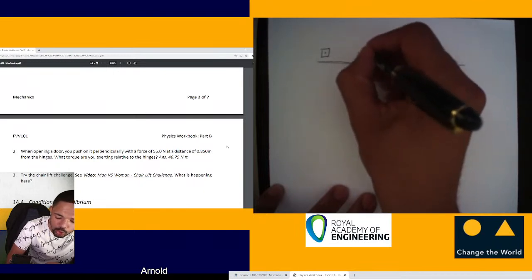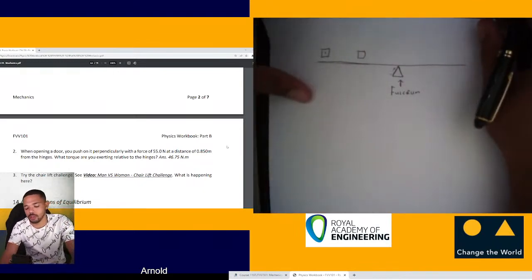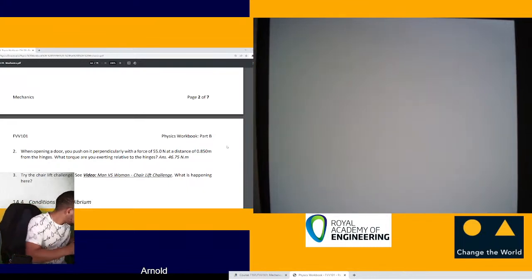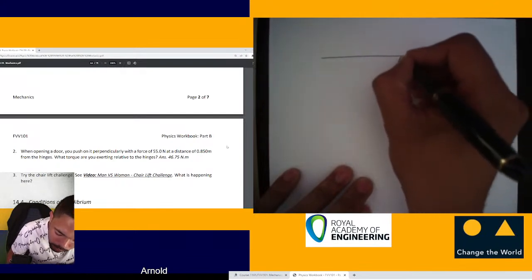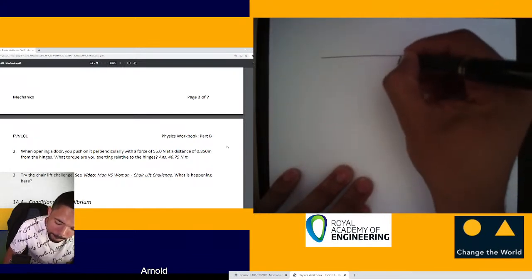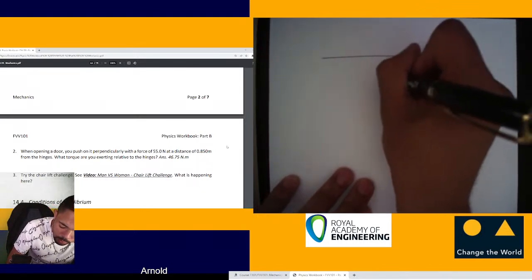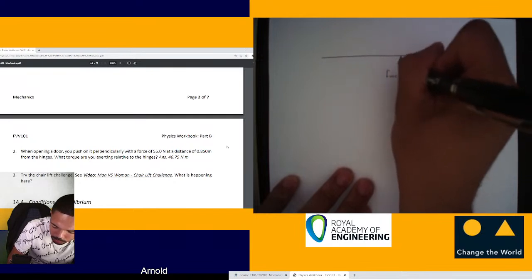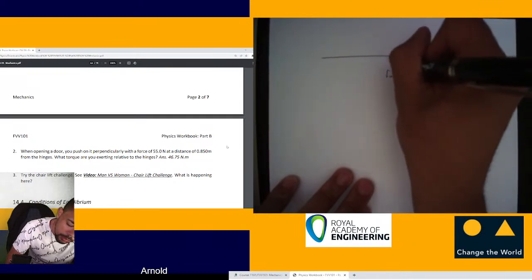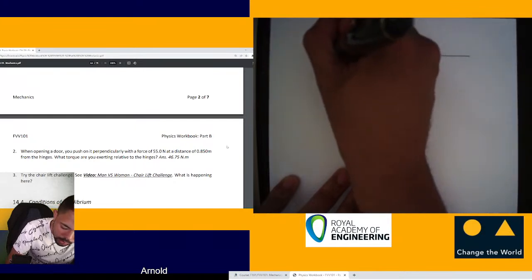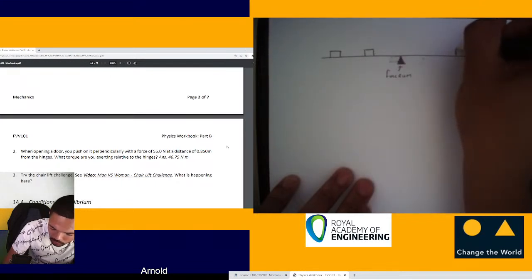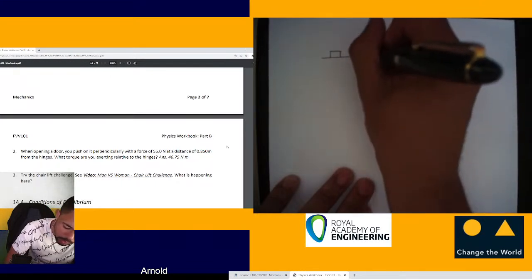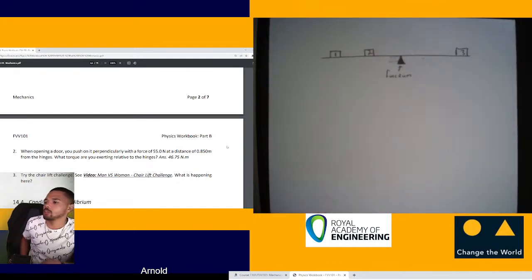Let me just redraw this. That's going to be the fulcrum or the pivot point. Then we have box number 1, box number 2, and box number 3. Number 3, number 2, and number 1. So we have 3 boxes.